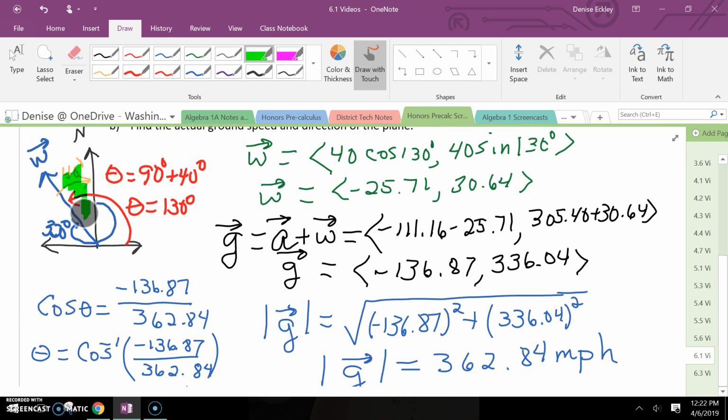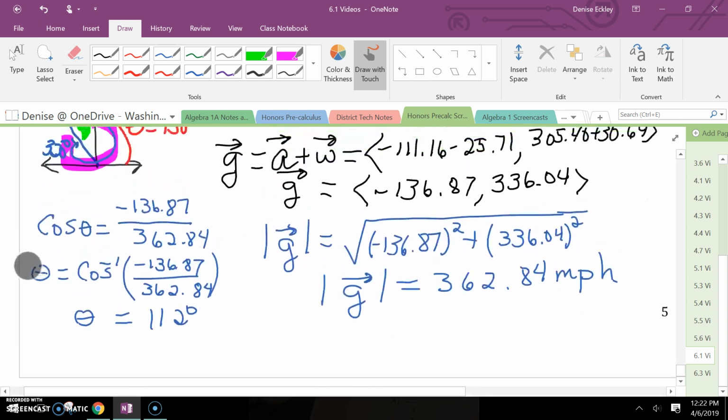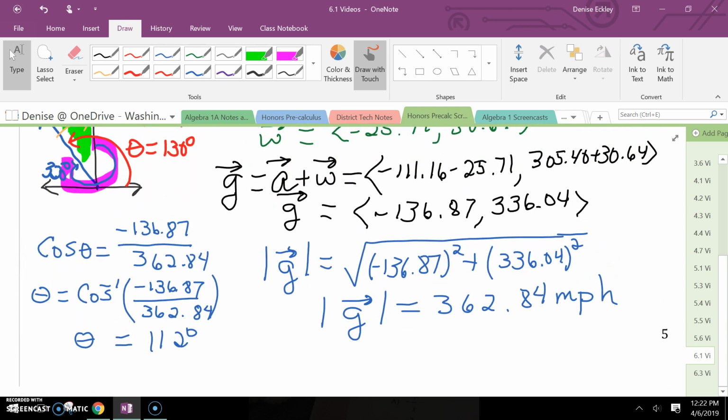We want to find out how far away we are from due north, and then subtract that from 360 to give us this distance around here for our actual direction of our airplane with the wind. So I'm going to take 112 and subtract 90 from that, which gives me an angle of 22 degrees.